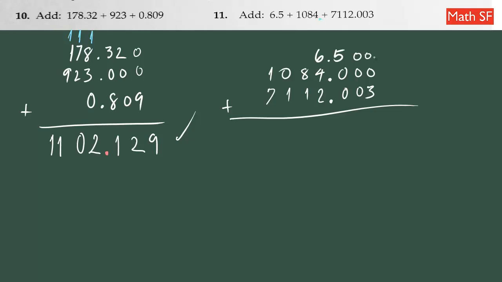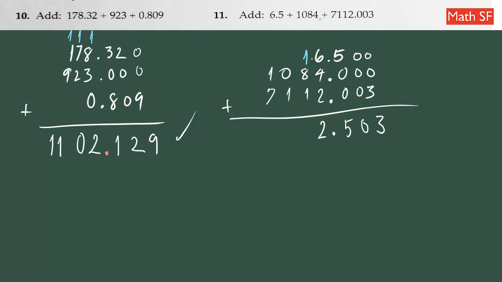Now let's add. 0 plus 0 plus 3 is 3. 0 plus 0 plus 0 is 0. 5 plus 0 plus 0 is 5. We align our decimal places, so the decimal point must be there. 6 plus 4 plus 2 will make it 12, so you're going to have to carry a 1.